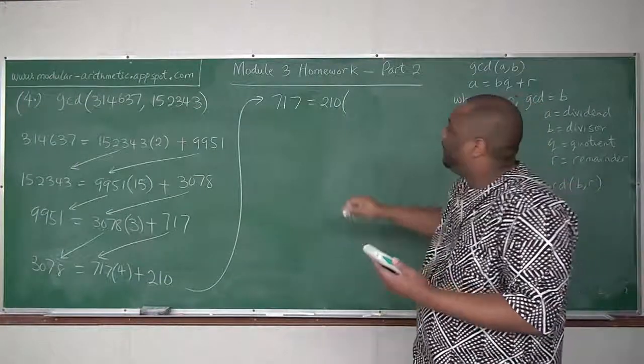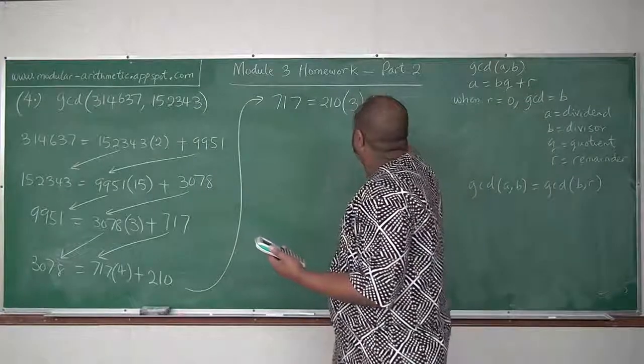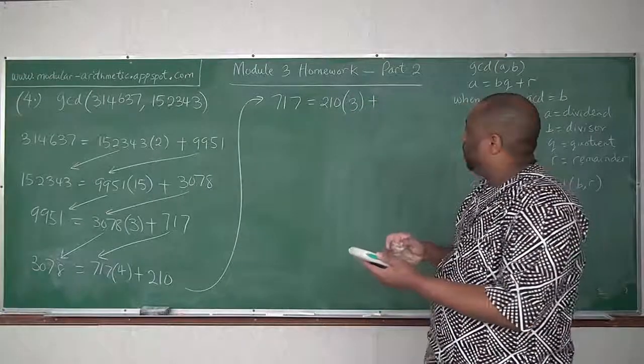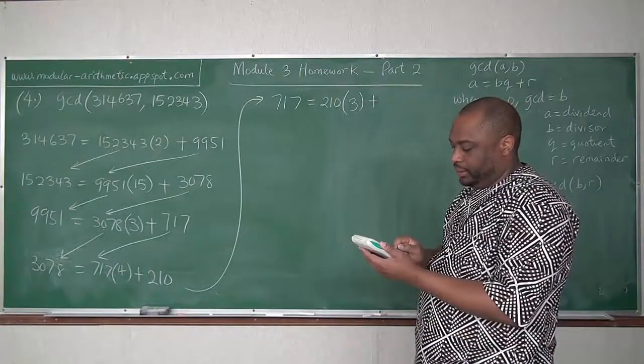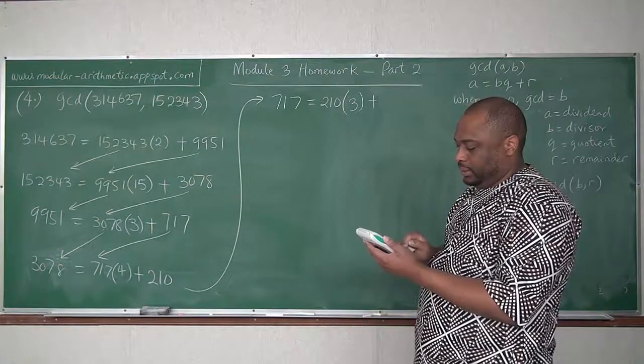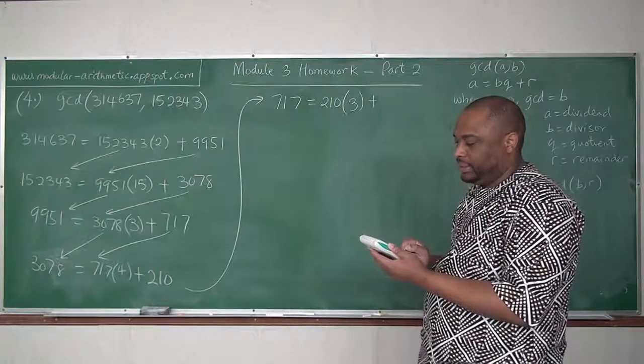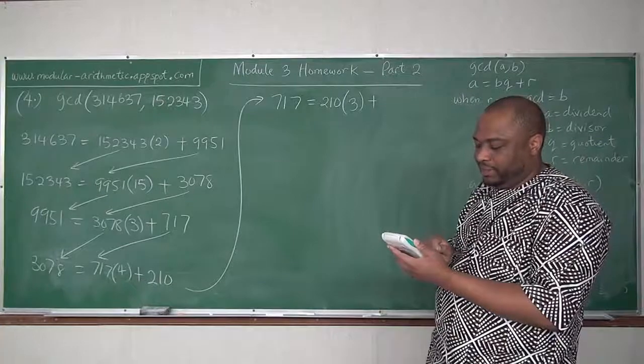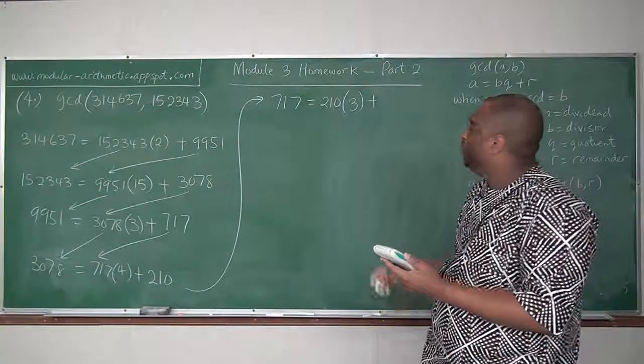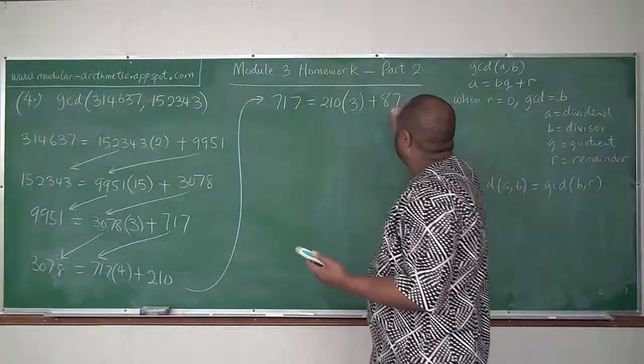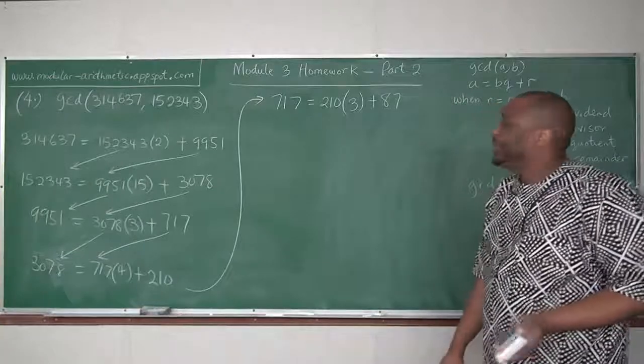We take the integer part, then we do 210 times 3 is 630. Subtract it from 717. You have 87. Okay?